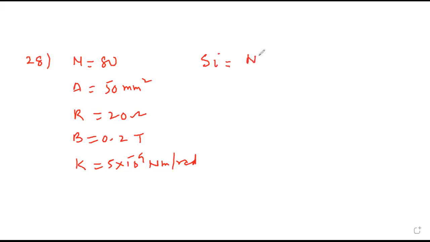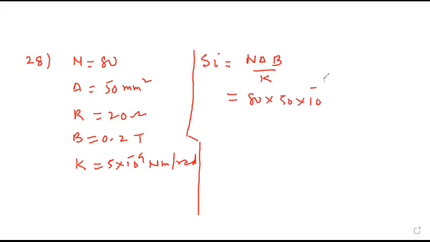So current sensitivity formula, if you remember, NAB upon K. Do you remember? NAB upon K we have derived. N is 80, area is 50 into 10 raised to minus 6, into B, which is 0.2 Tesla.